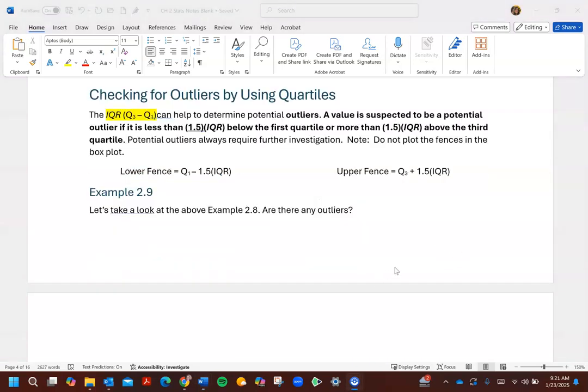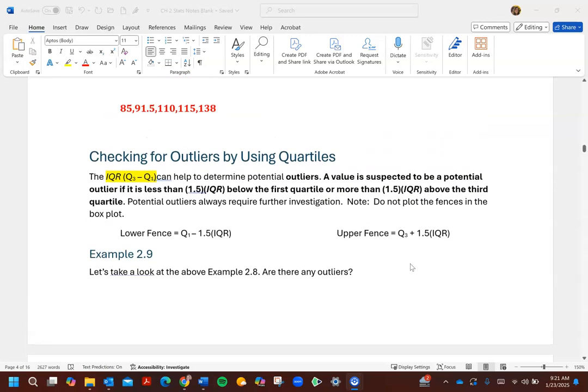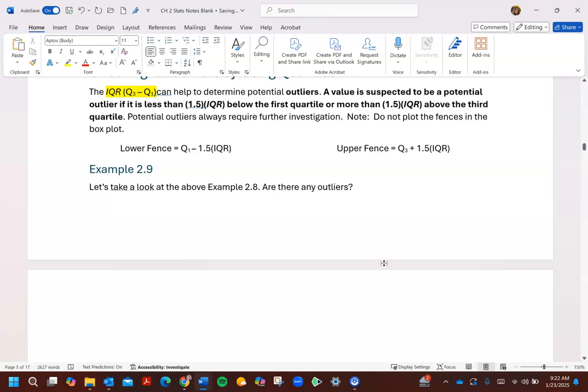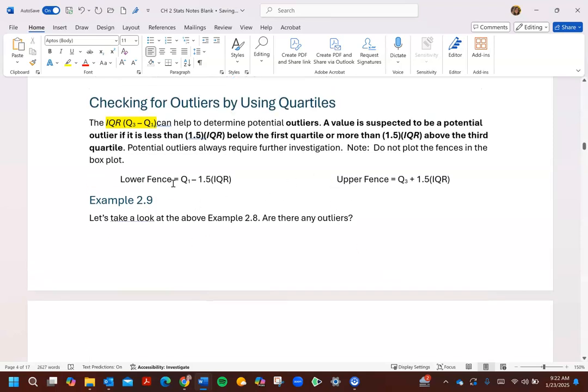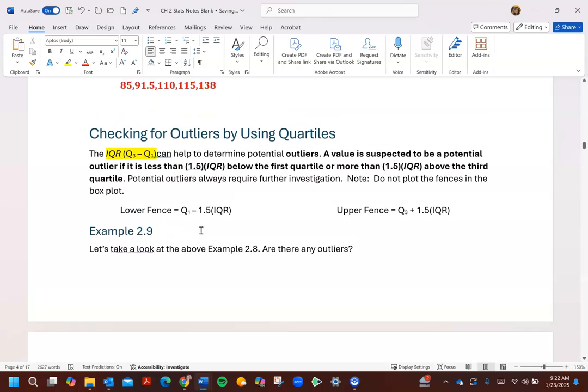Okay, so if we think of our example from up above, our interquartile range would be the third quartile, which would be the 115. Let me see if I can fit that in here.